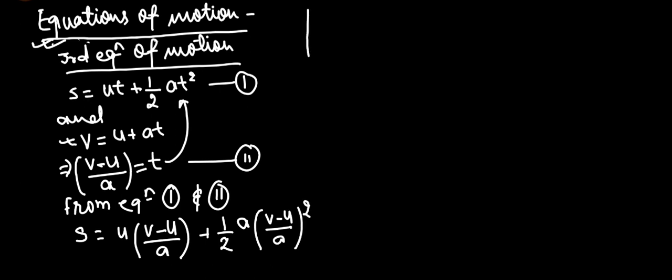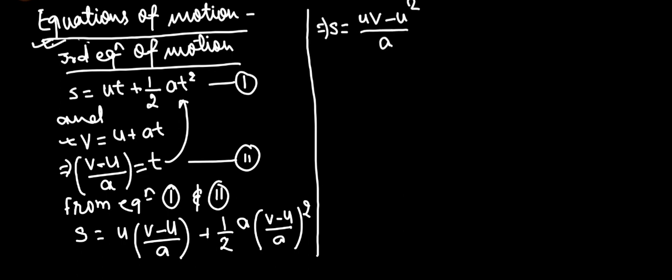So finally, after solving it, we get s equals u multiplied by (v minus u) upon a, that is, uv minus u square divided by a, plus 1 by 2 a.